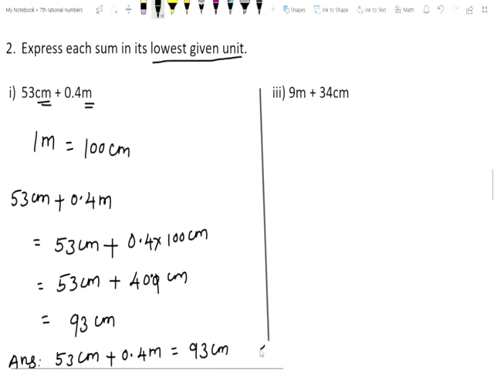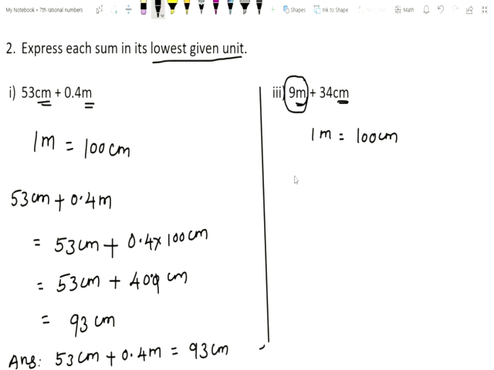See the next one. 9 meter plus 34 centimeter. Here the smaller unit is centimeter, so we are going to convert everything into centimeter. So this meter you want to change into centimeter. First you write the relation: 1 meter equal to 100 centimeter.